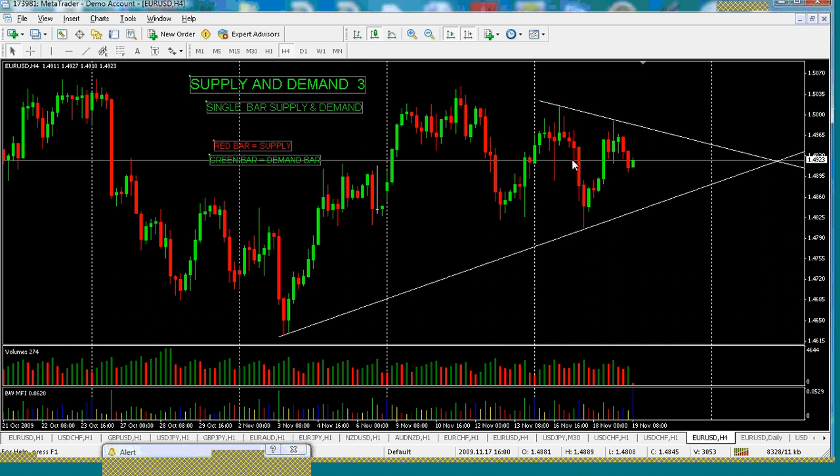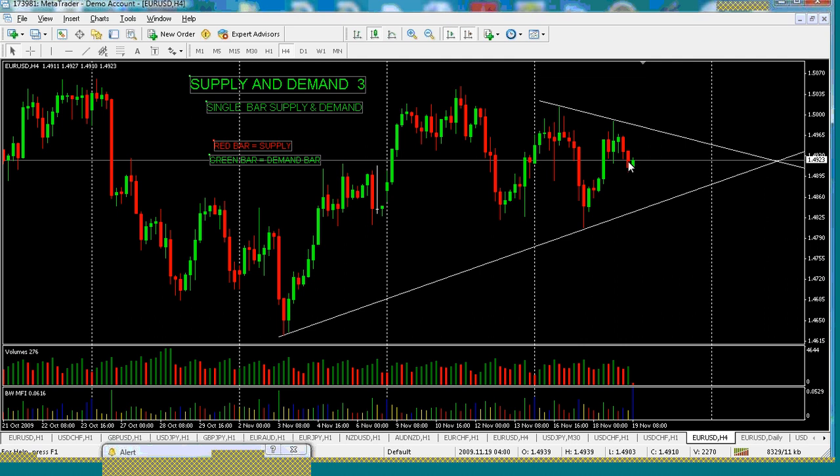The swing levels are reversed by a single bar. Here, it wasn't until this single bar closed below this single bar, because this is a demand bar, that on the way back down, supply has overcome demand.